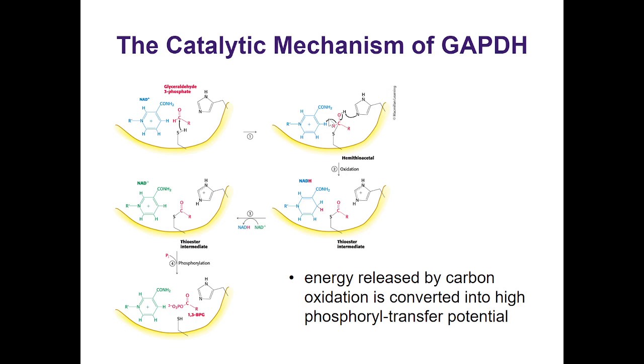Okay. This at this point is the hemithioacetal. Hemi meaning half: one of them is attached, the thiol's attached. Instead of being a thiol, which is the alcohol version, it's a thioester in this case, or a thioacetal.